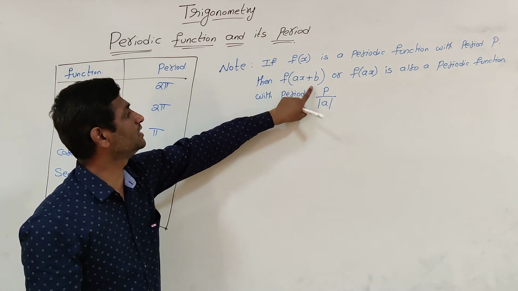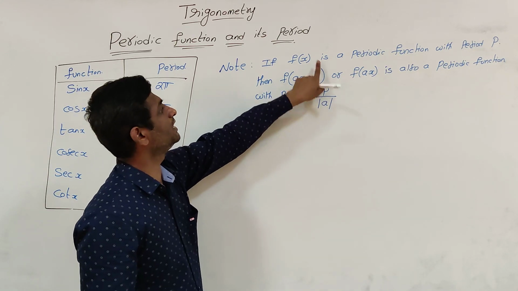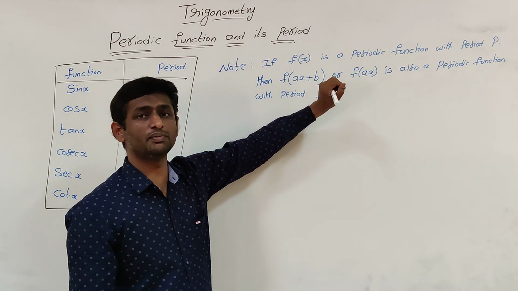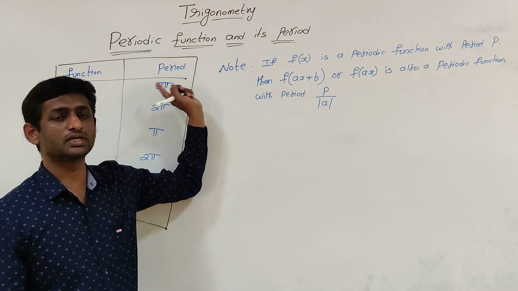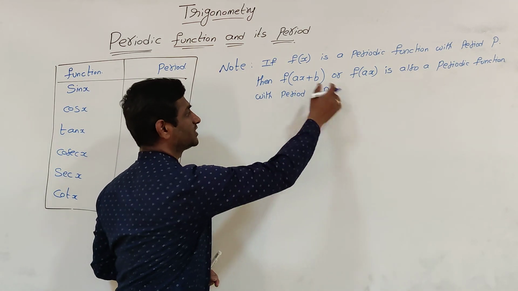It should be positive, because f of x is a periodic function with period p, meaning p is a positive real number, and modulus of a is also positive, so the total fraction will be a positive real number.